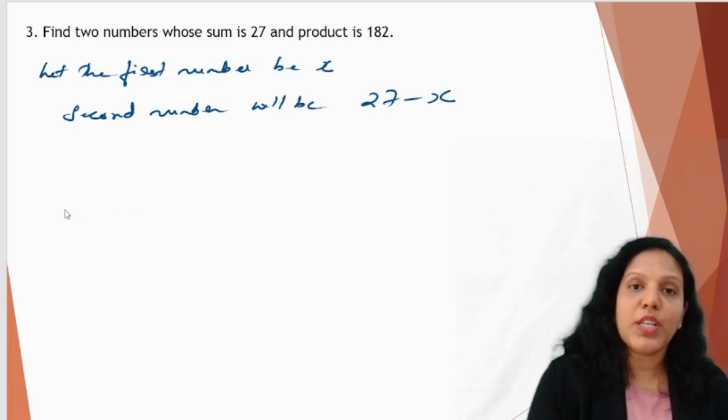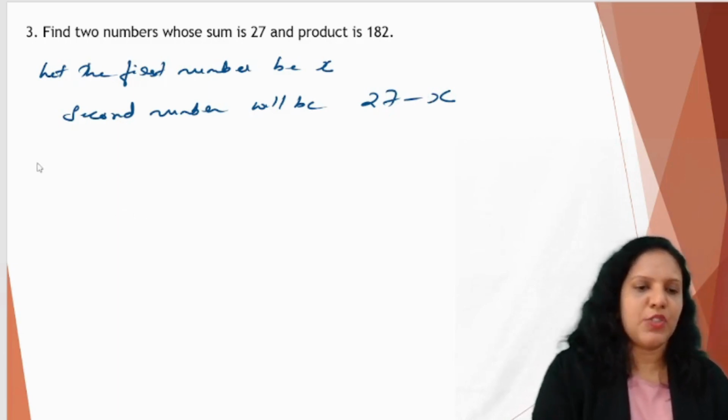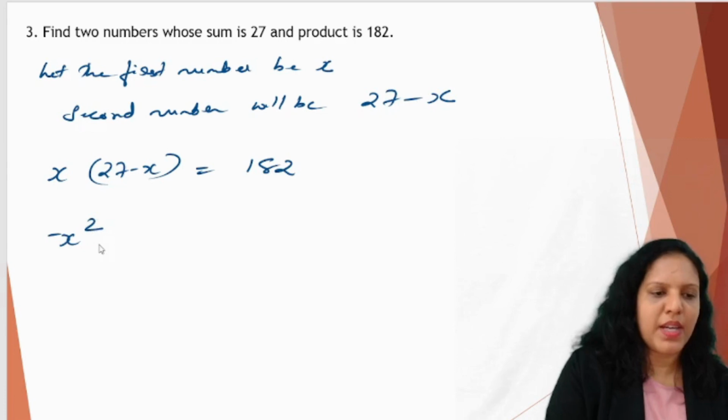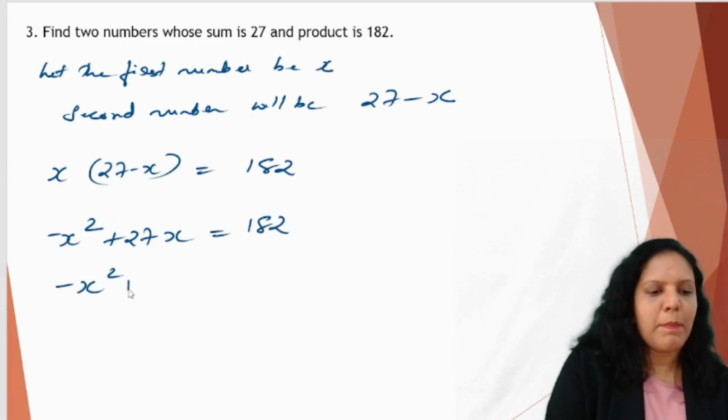And we are given that the product of these numbers is 182. So that is x multiplied by 27 minus x is equal to 182. Correct? So that is minus x squared plus 27x equals 182, which is minus x squared plus 27x minus 182 equals 0.